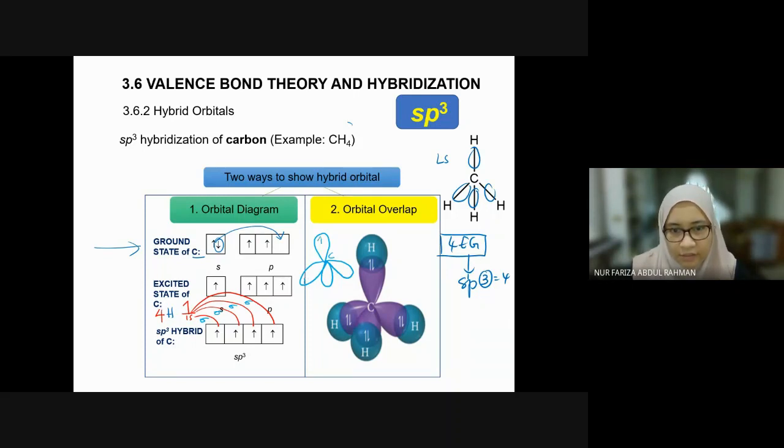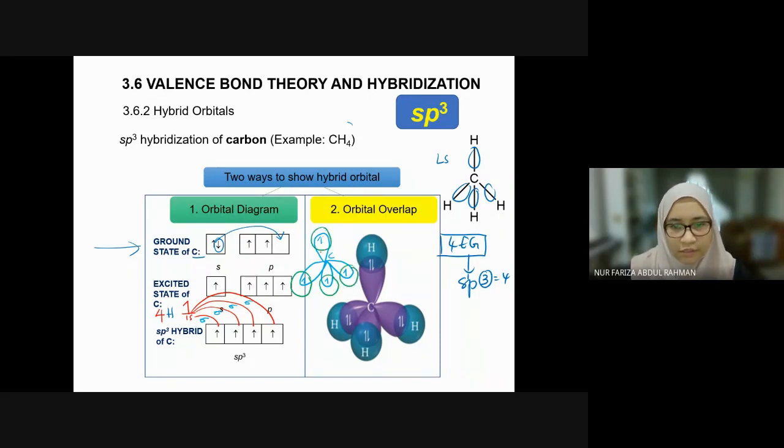So each one of the lobes should consist of the single electron, which later on will overlap with the hydrogen orbitals. Okay, alright. So pilih color apa? Hijau. This is hydrogen, hydrogen, hydrogen. Banyak contoh hydrogen.